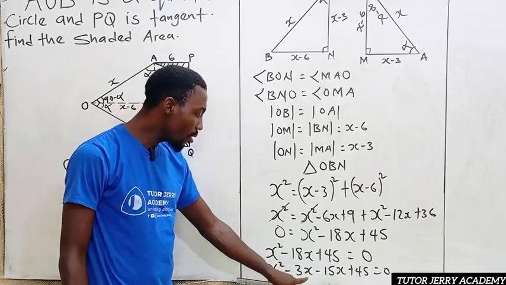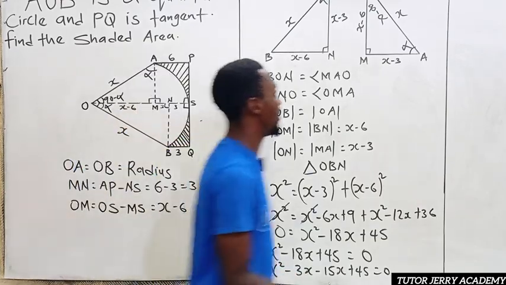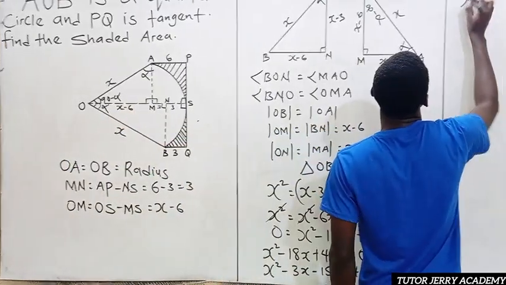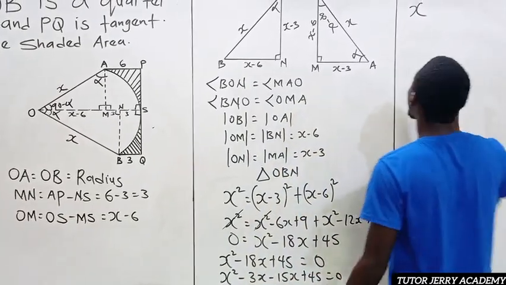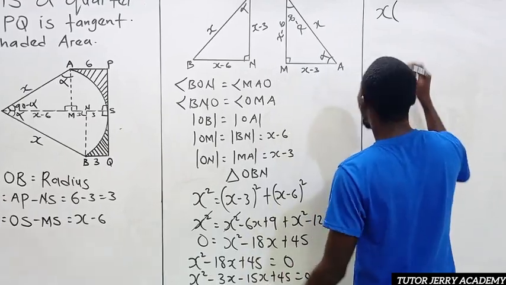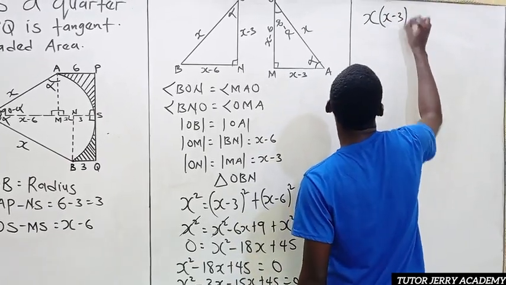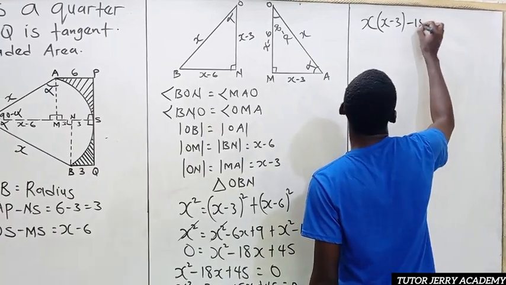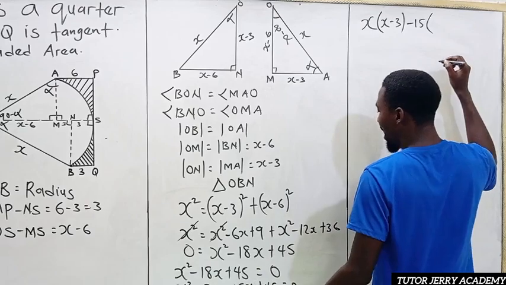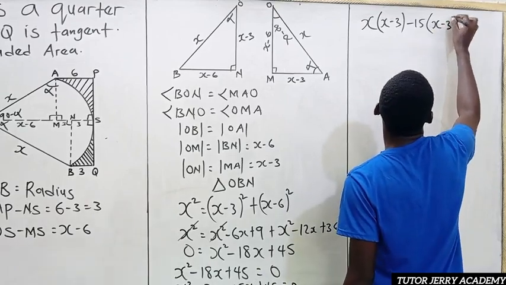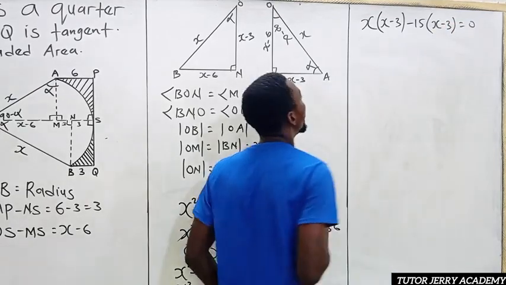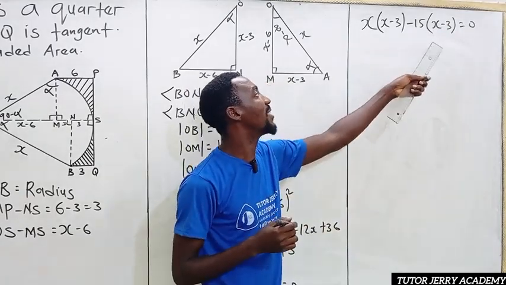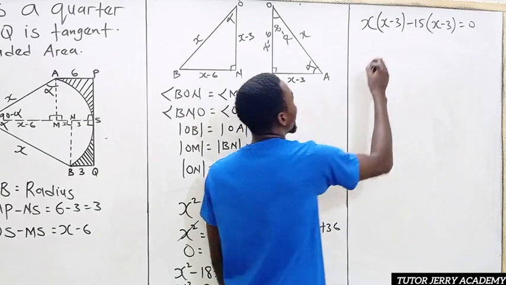0. So now, what is common here and here? S. So if we bring out S, we are going to be left with S minus 3. All right. So again, if we bring out negative 15, we are going to have S minus 3. So if you observe carefully, you observe that S minus 3 is common. We factor it out.